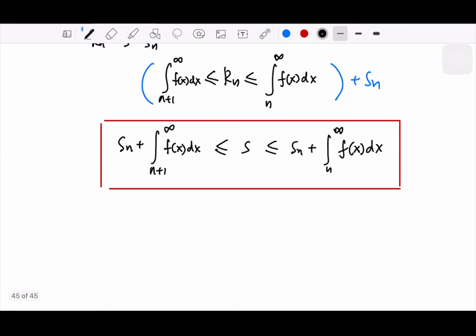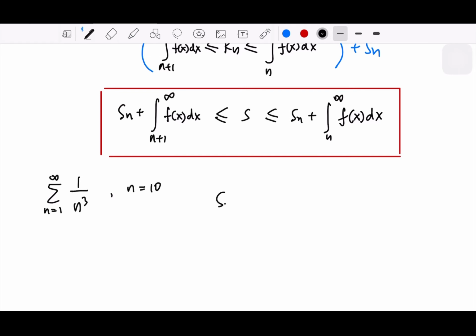Now, let's say we have the same series, 1 over n cubed, and we already calculated for n equal 10, right? We already calculated S10.